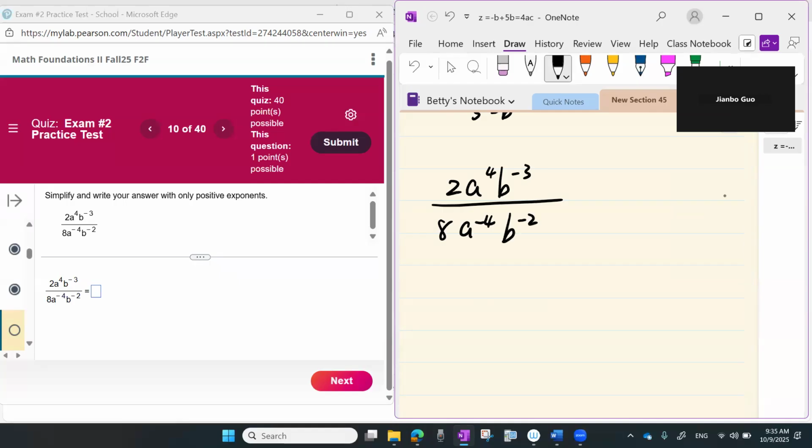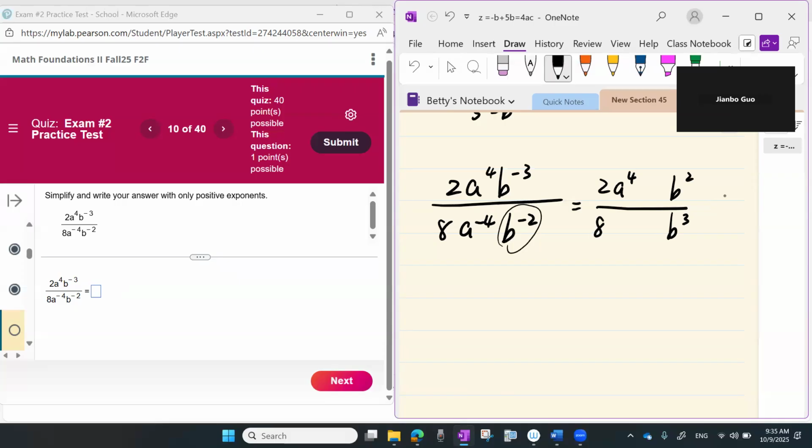Okay, so first thing we can do is, I think we can get rid of the negative exponents, all right? Keep 2a to the power 4, and then write b to the power of 3 on the bottom. And then we can write b to the power negative 2, remove the negative sign, and write b to the power 2 on the top.